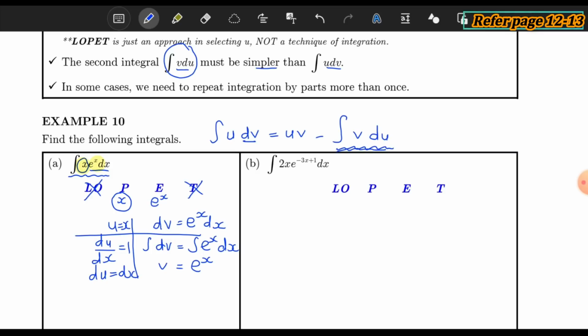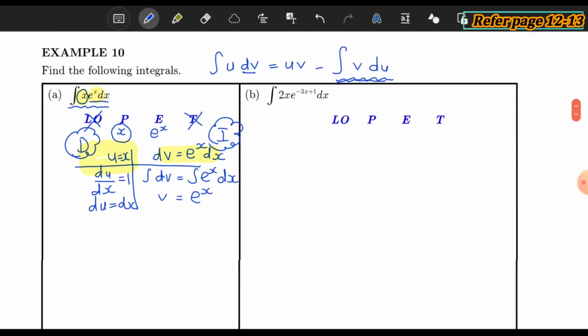Now, if you notice, for the first part, we need to differentiate, and for the second part, dv, we need to integrate. So, for the by parts method, we need to differentiate u and integrate dv.